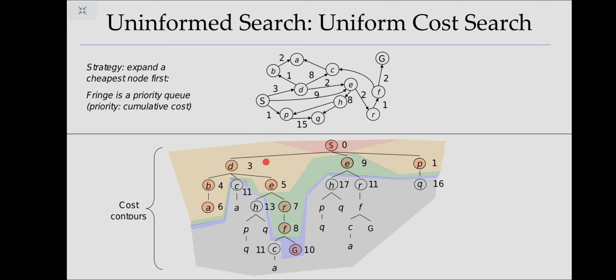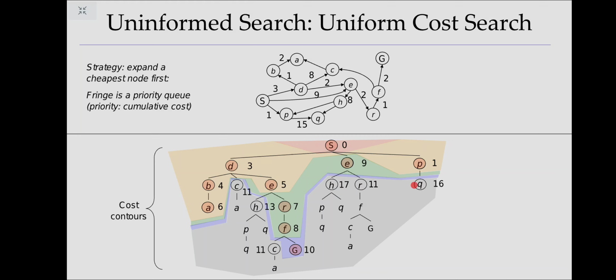For example, between the neighbors of S, D, E, and P have the labels 3, 9, and 1. The best is 1. We select P for exploration.